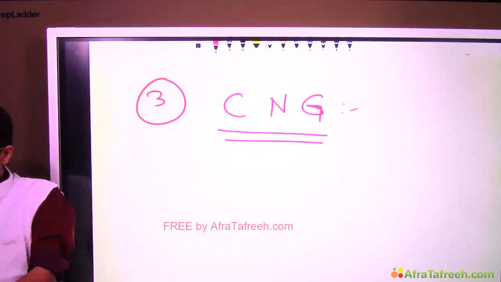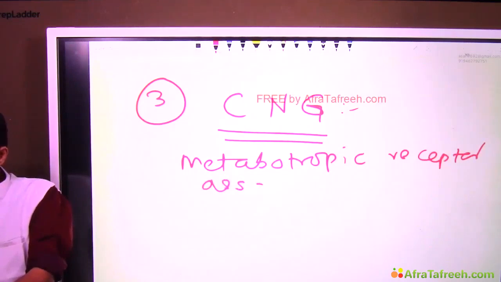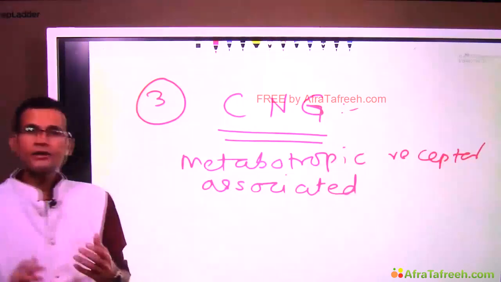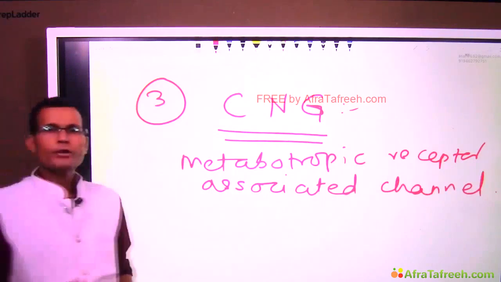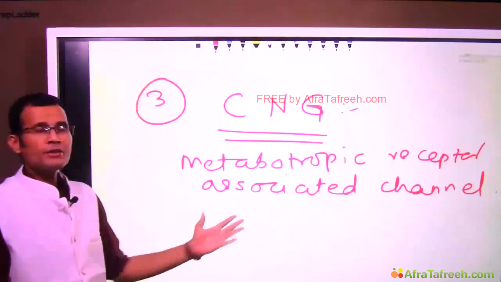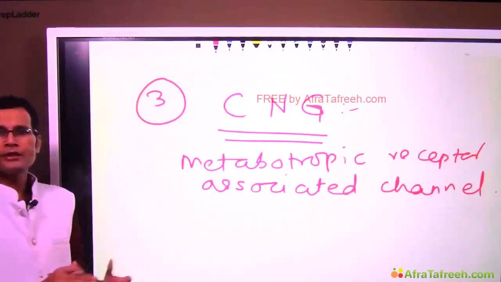Or they are also called metabotropic receptor associated channels. So receptors are different and therefore the mechanism is different. We can also call it GPCR associated channel, G protein coupled receptor associated channel.